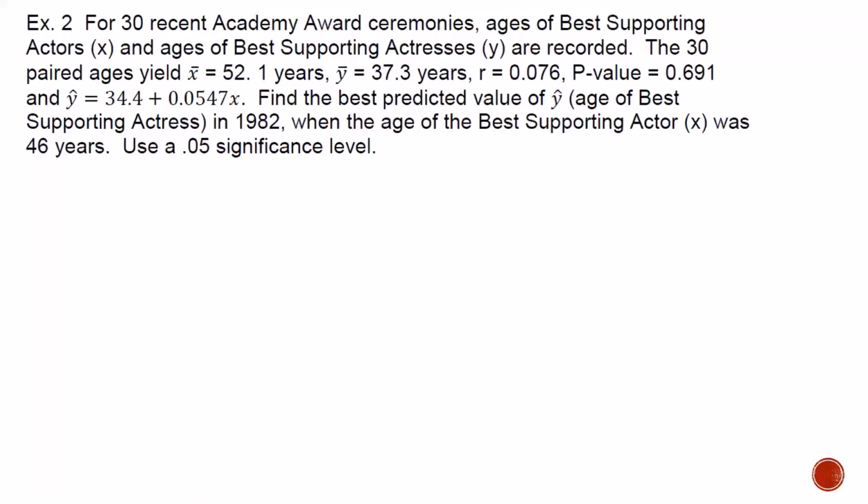Because why would there be a relationship? There are people probably in different movies winning best actor, best supporting actor, and best supporting actress. They're only being matched because it's the same year. The age of the person who wins best actress should not affect the age of the person who wins best actor. And that's what this finds here. We can see that formally because of our p-value.